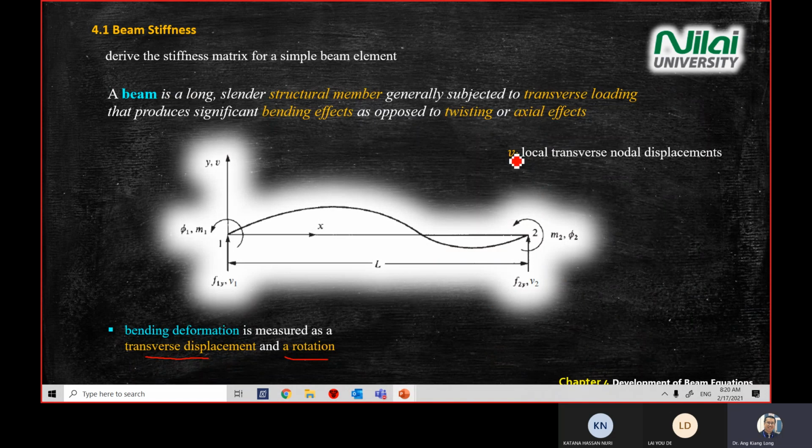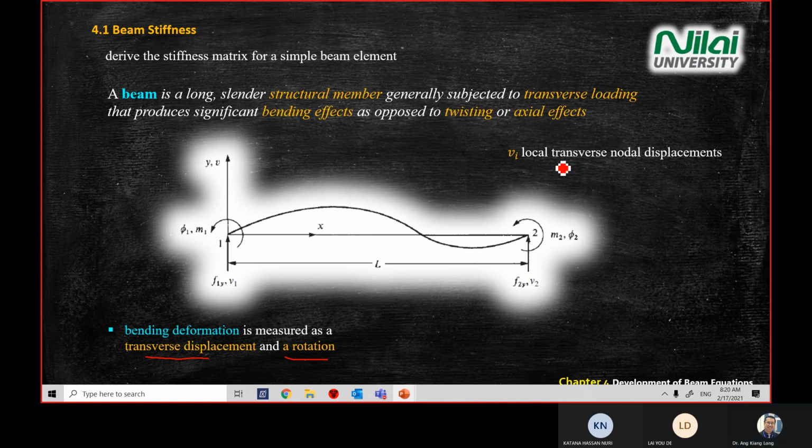So if we write vi, a small vi means local notation. If you have a vi, it means it's a local transverse nodal displacement. Previously in chapter 3, all your displacement is in u or v and so on. In chapter 4, if you consider beam, we will look at y component only, vi.